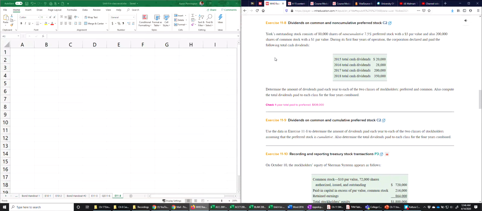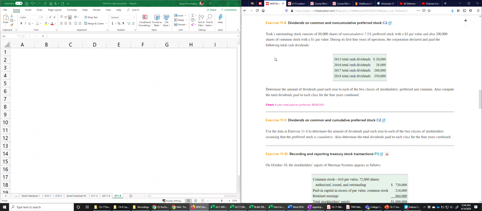York's outstanding stock consists of 80,000 shares of non-cumulative 7.5% preferred stock with a $5 par value, and also 200,000 shares of common stock with a $1 par value.